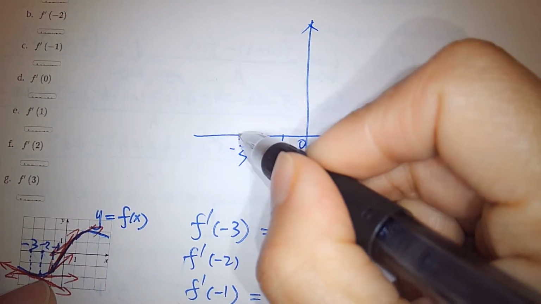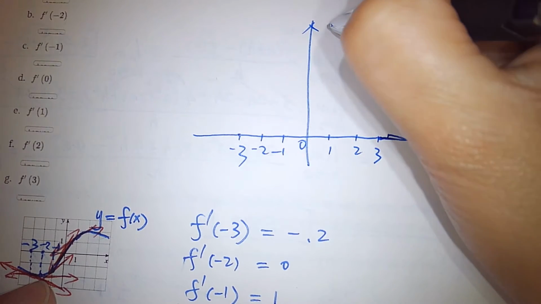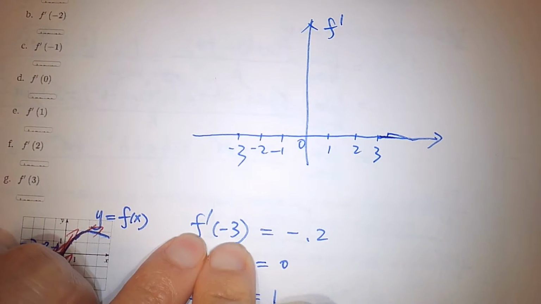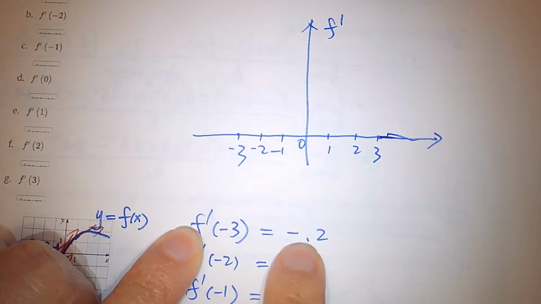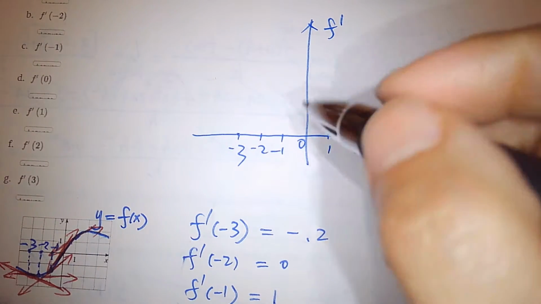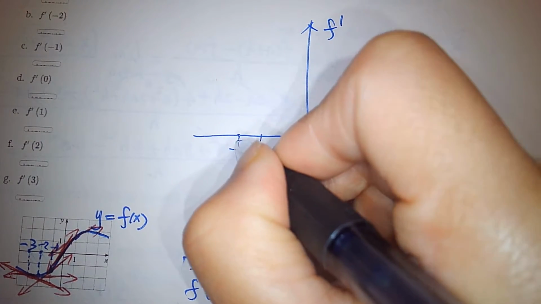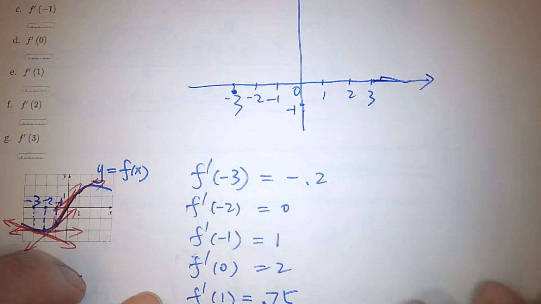When x equals negative 3, this is f prime, it's not f, it's f prime. So f prime equals negative 0.2, slightly lower than the x-axis, a key point.